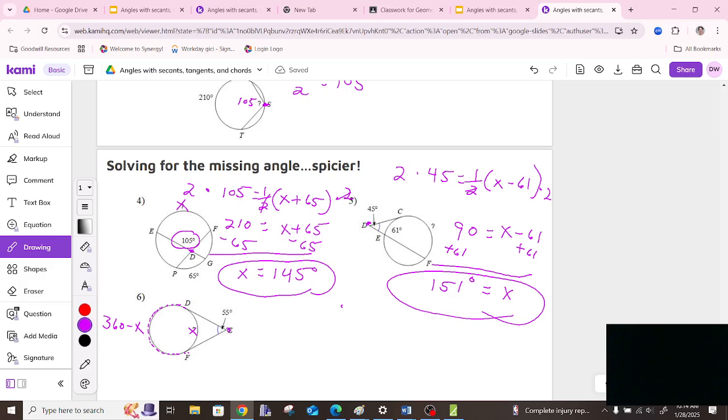This is still on the outside of the circle, so you're still going to use the same formula. So 55 degrees has to equal 1/2 times, no sorry, 360 minus x minus x.